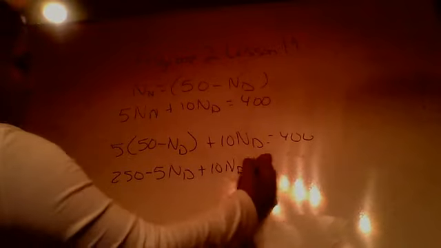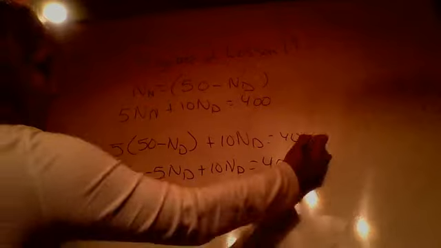Now I simply substitute this for what? n_n. So 5 times (50 minus n_d) plus 10n_d equals 400. I simply have to distribute. This becomes 250 minus 5n_d plus 10n_d equals 400.